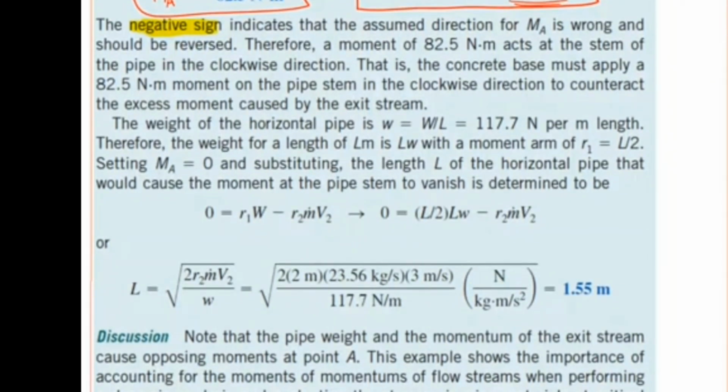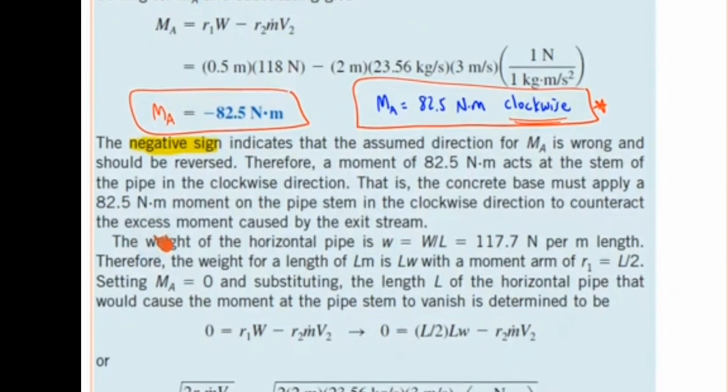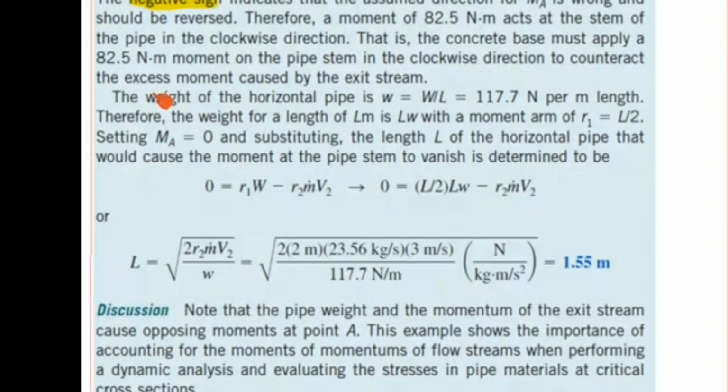In other words, the concrete base must apply a clockwise moment on the pipe to counter the excess moment caused by the exit stream. Finally, since the weight and the jet moment are kind of fighting each other, there will be a weight of pipe where the weight moment will just balance the moment of the jet.